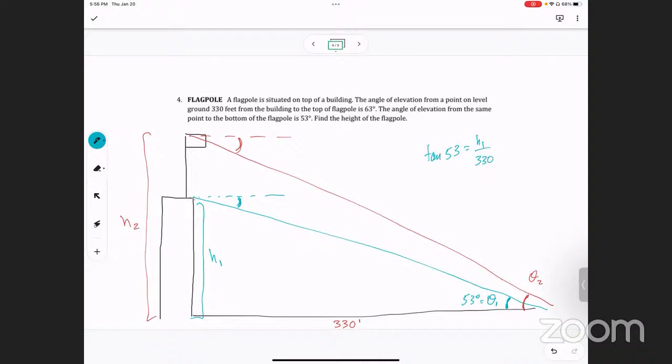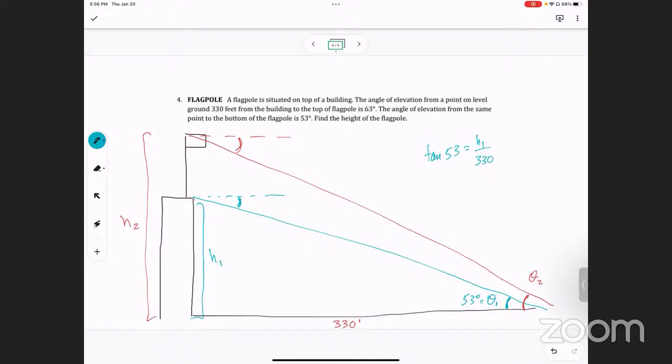But typically you use tangent for these because usually you're solving for the vertical and horizontal, which is the opposite over the adjacent. So usually for word problems like these, it'll be tangent.